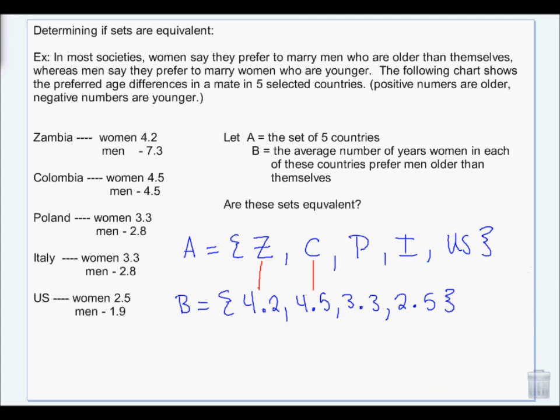Well, remember when we talked about equivalence, it's about cardinality, and in cardinality you don't count the same number twice. Okay, so now you can have the ones. Poland likes 3.3. Italy likes 3.3. Look at that, I have 2 lines to the same number. These are not equivalent.